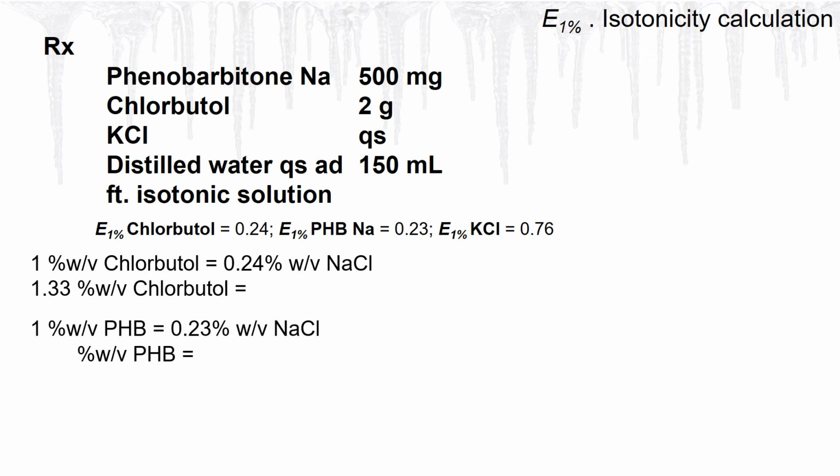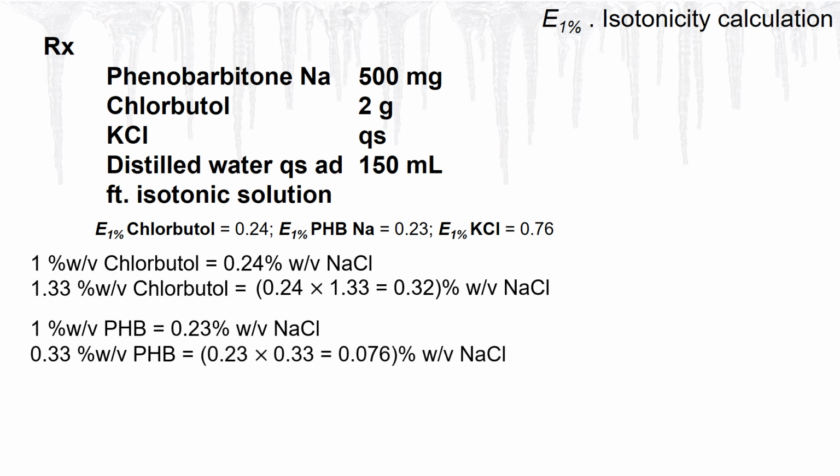We just multiply and we find that this amount of chlorbutol is equivalent to 0.32% of sodium chloride. The same happens for phenobarbitone sodium. In this system, we have 0.33% of phenobarbitone, which is equivalent to 0.076% of sodium chloride.